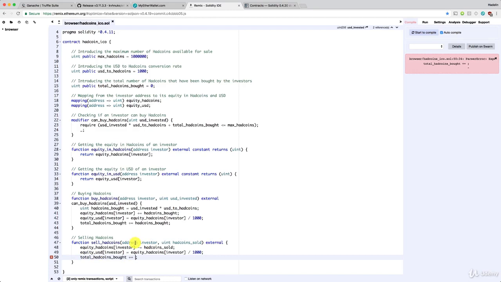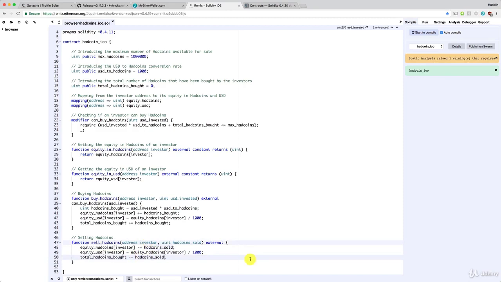Well, very simply, right after he sold or she sold his or her at coins, well, we will need to decrement the total number of at coins bought by all the investors by, what is it going to be? Well, very simply, of course, the at coins sold. So I'm just copying this and I'm decrementing the total number of at coins bought by all the investors by the number of at coins sold by this specific investor.